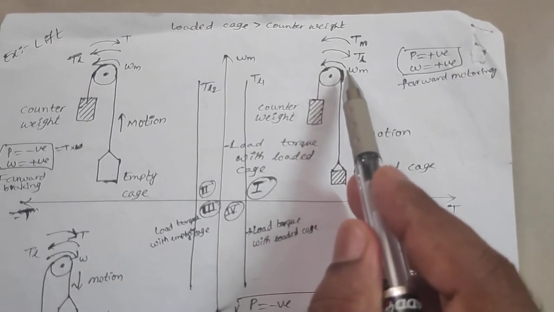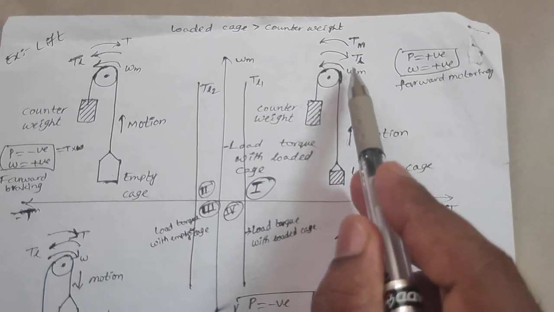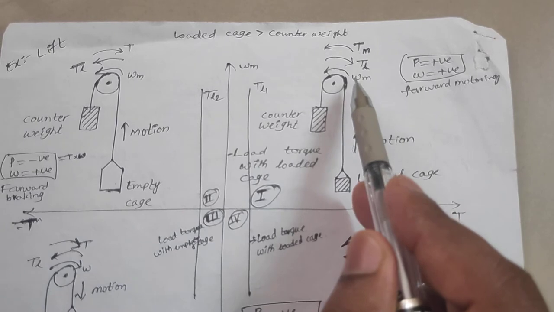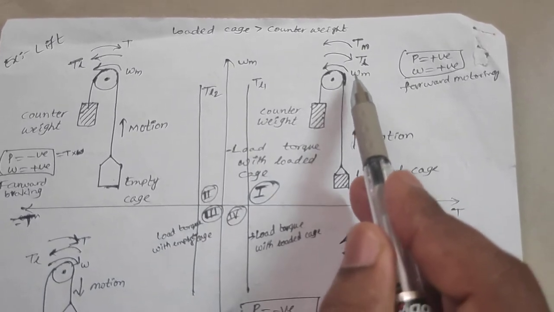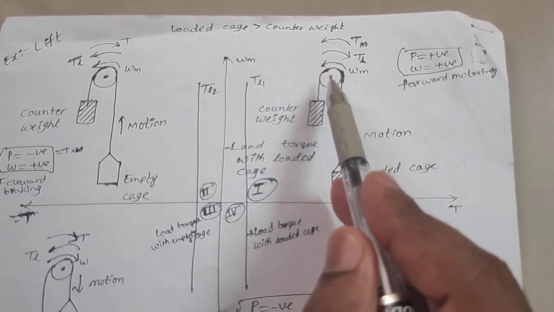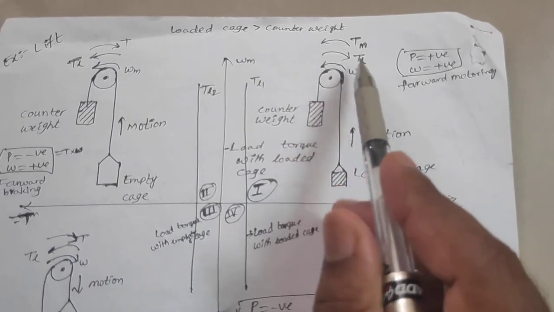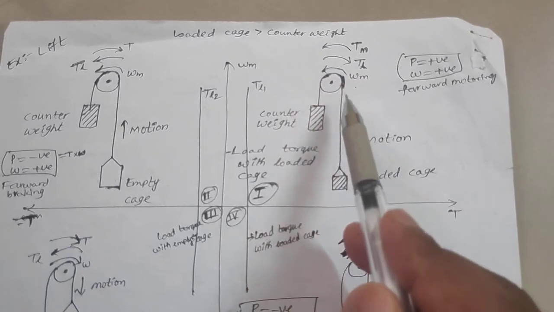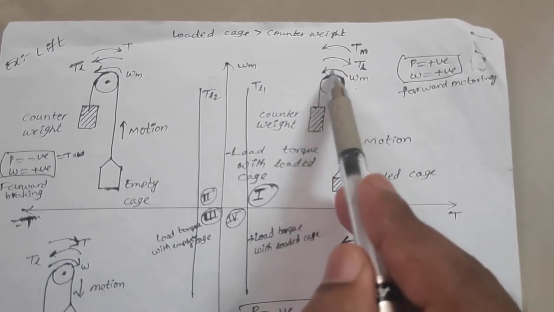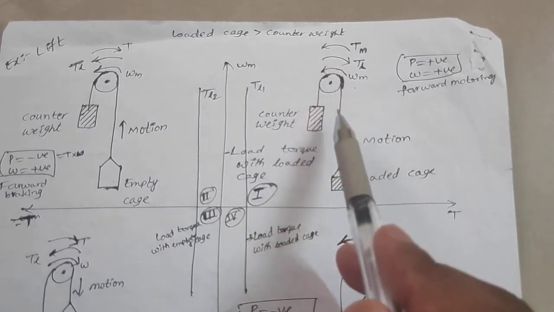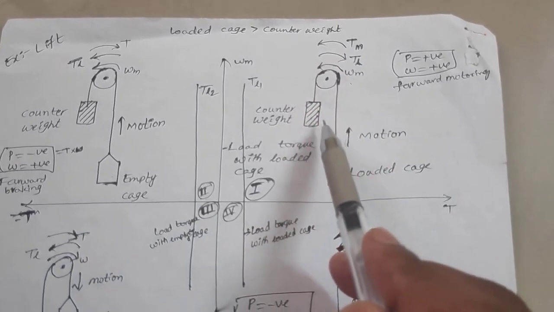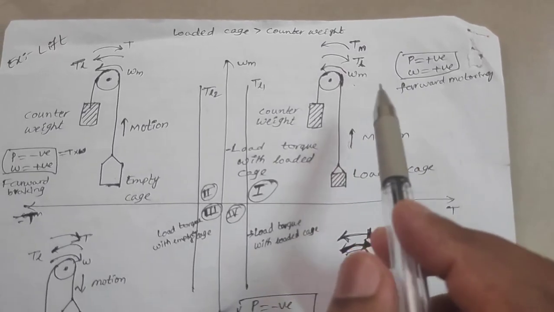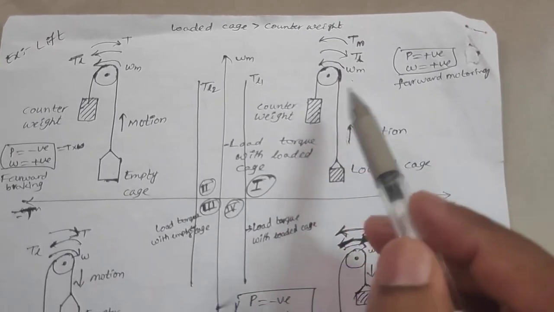The conventional directions for the speed and torque are like this. When the speed is in the counterclockwise direction, that is assumed as a positive direction, and torque in the counterclockwise direction is also assumed as a positive direction. It will be in the negative direction if it is vice versa.